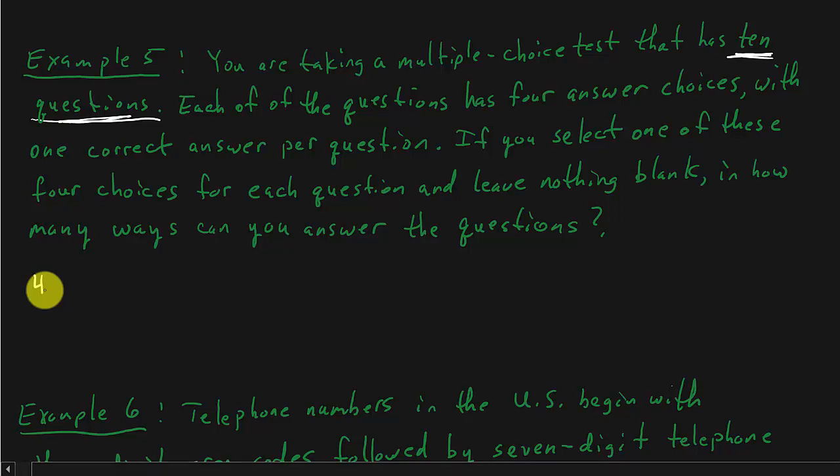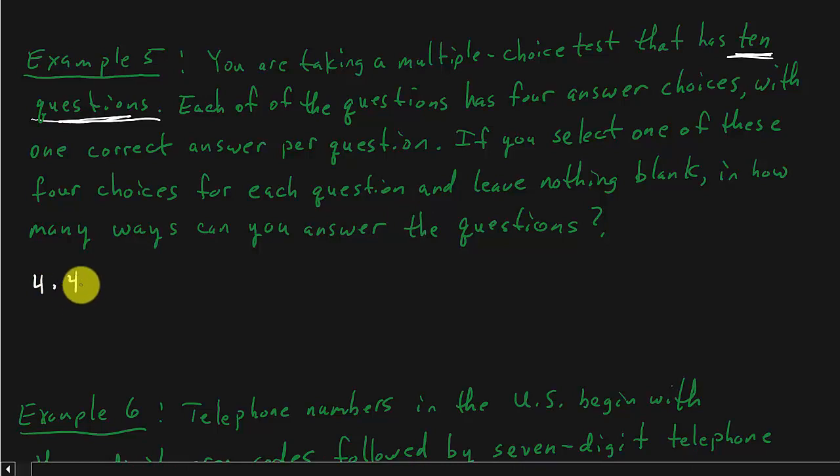Now, notice it doesn't say we have to get every question right. If that was the case, there would only be one way we could do that, by getting every question right. But they're just saying how many different ways can we answer this test. So this is question 1, we got 4 different ways. Times, how many different ways can we answer question 2?